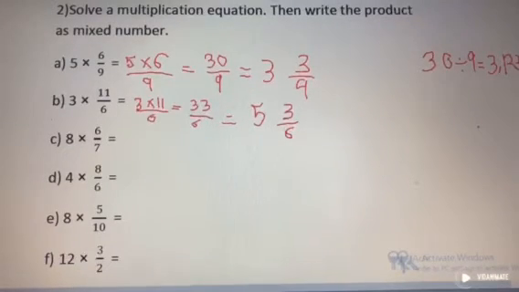Now 8 multiply 6 over 7. 8 multiply 6 equals 48 over 7. Now which number do I multiply by 7, the answer will be 48 or less than 48.